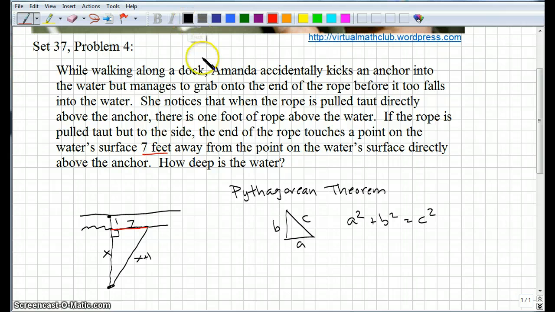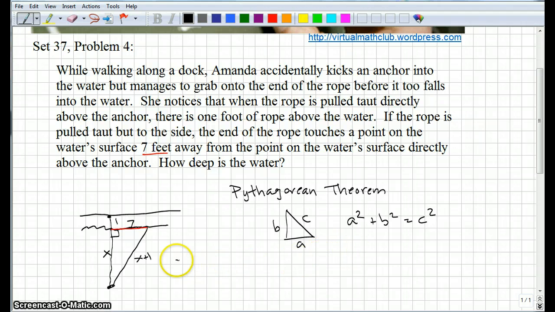We're also given this leg. We know that the depth of the water is x, which is what we're trying to find, and we know that the length of the rope has to be the depth of the water plus 1 more foot. So let's just plug in what we know.